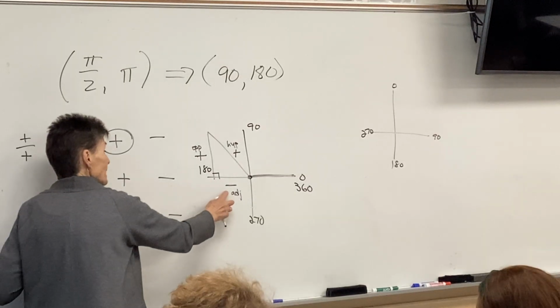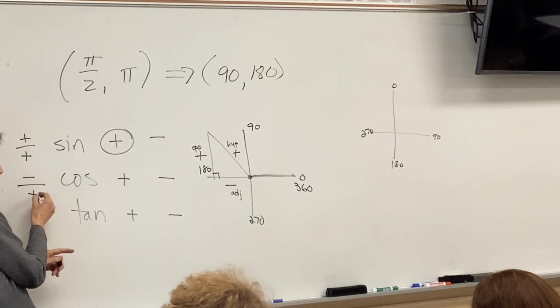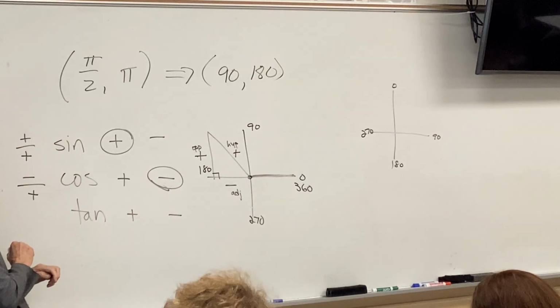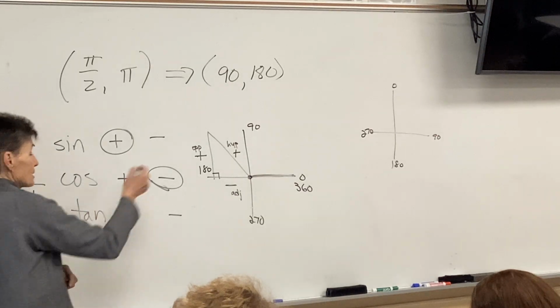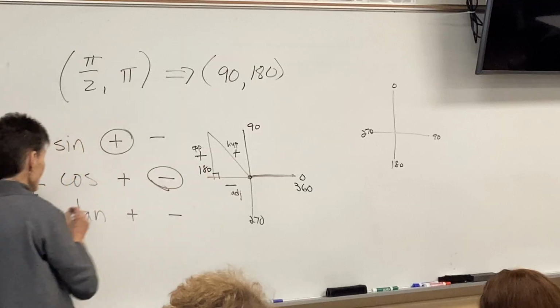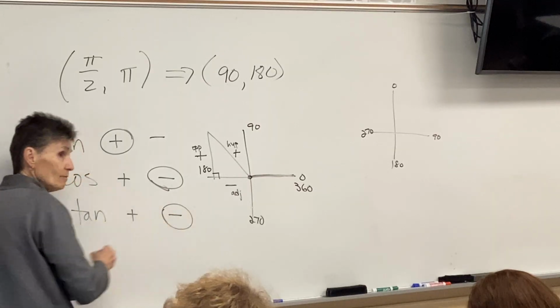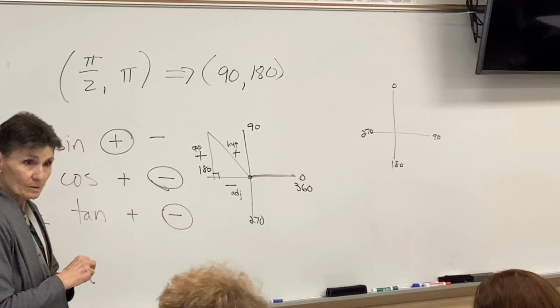Cosine is adjacent over hypotenuse. So it will be negative. And tangent will be opposite over adjacent. Oops. So it too will be negative. See how that works?